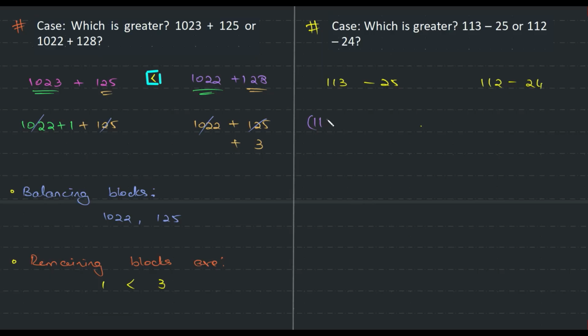So 113 can be written as 112 plus 1. And 25 and 24 are also related, 24 plus 1, right? If you look at it carefully, I have 112 plus 1, that's more than 112, but I'm removing 24 and one more. But here only 24 is what I'm removing.